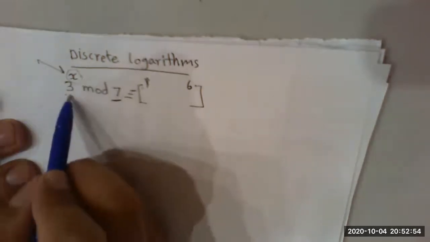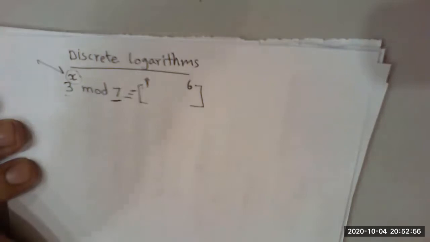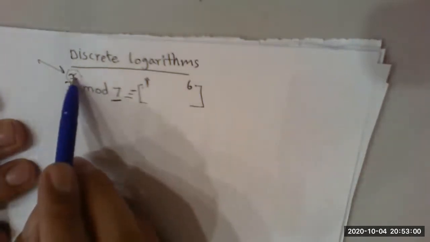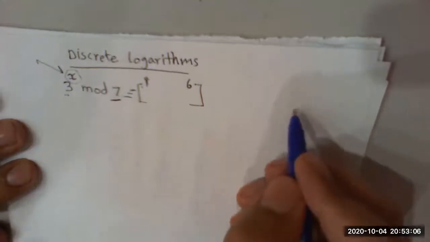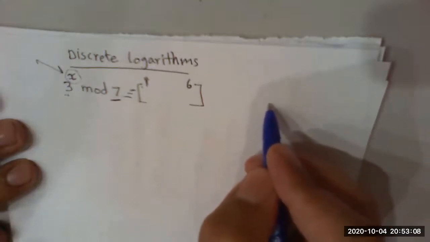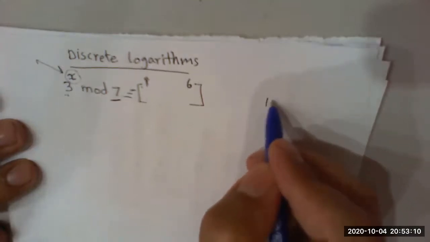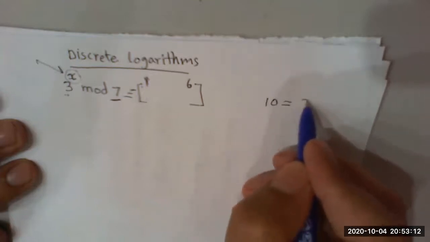Why is that? Because we are going to use this exponent in our algorithms after that. If you want to solve a problem like that, you can use logarithms. For example, 10 equals 3 to the power x.